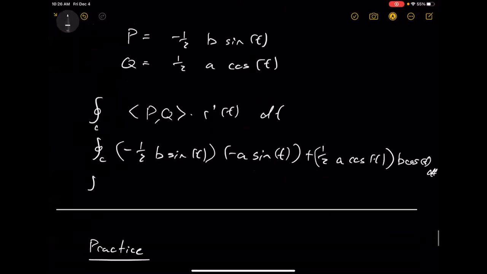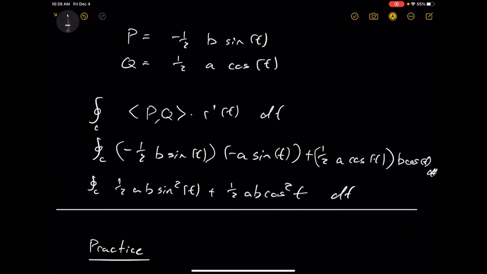Okay, simplifying that. So yeah, I got negative 1/2 ab, no, the negatives cancel. 1/2 ab sine squared of t plus 1/2 ab cosine squared of t dt.